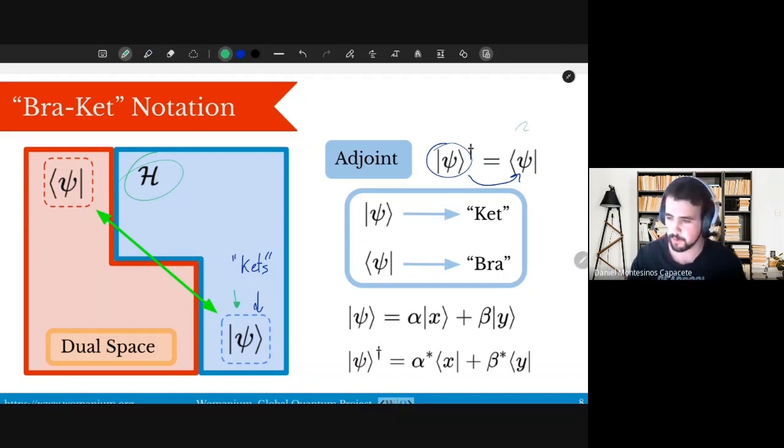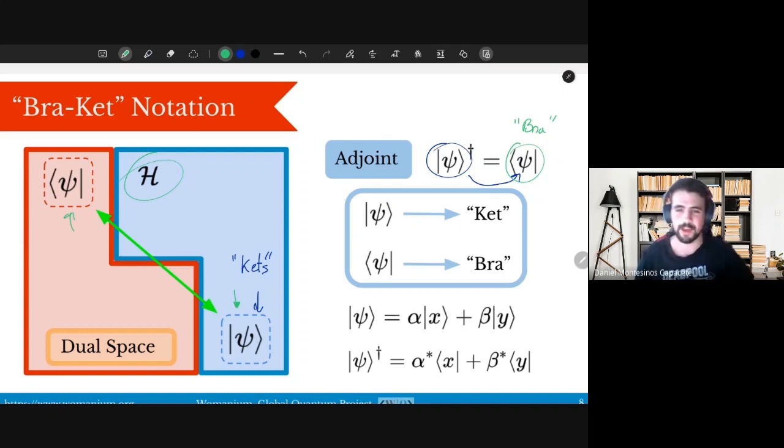This other vector, that we denote in this way, will be the corresponding vector in the dual space, that is another space that has some relation with our Hilbert space. This other vector is called bra.